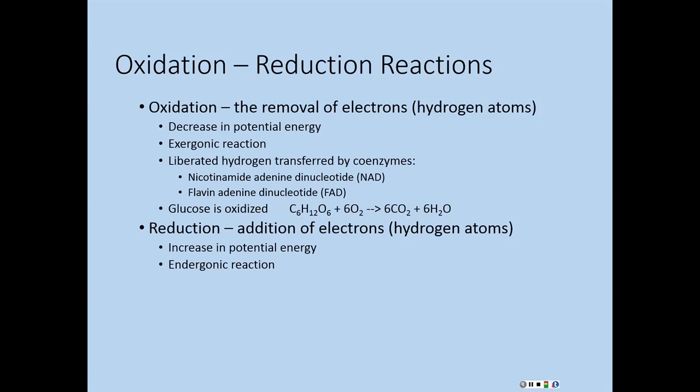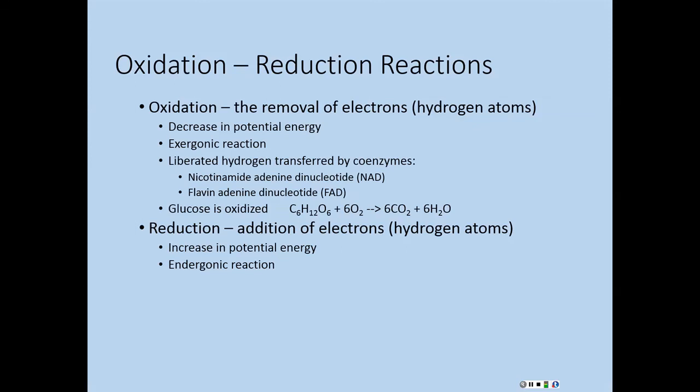So oxidation is the removal of electrons, in a chemical sense. But in a biophysical sense, in the human sense, we're really dealing with hydrogen atoms. So instead of saying removal of electrons, we usually just say a removal of a hydrogen. So anytime there's an oxidation, it means that something broke free.